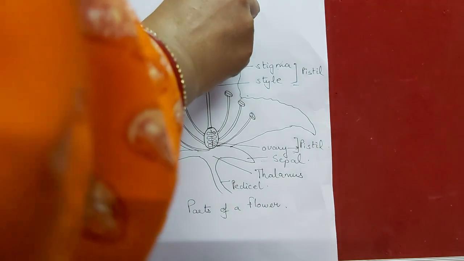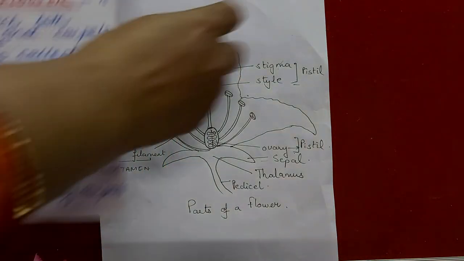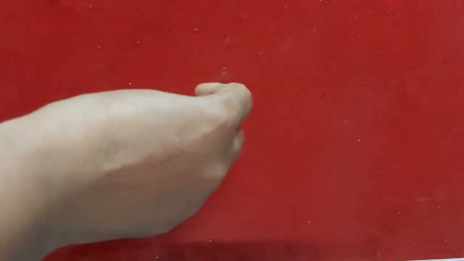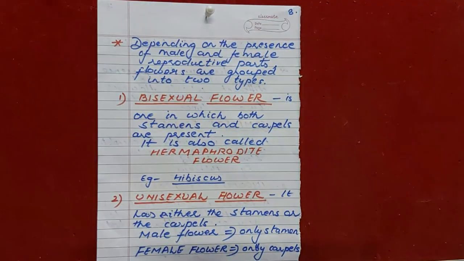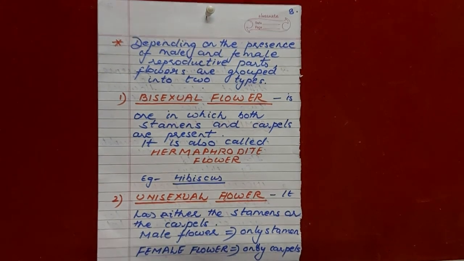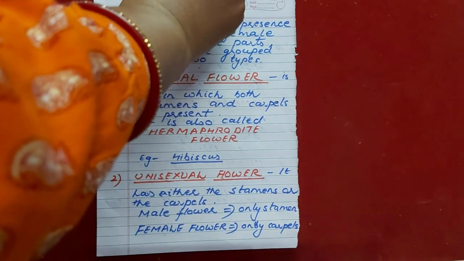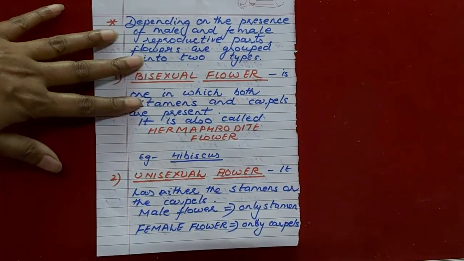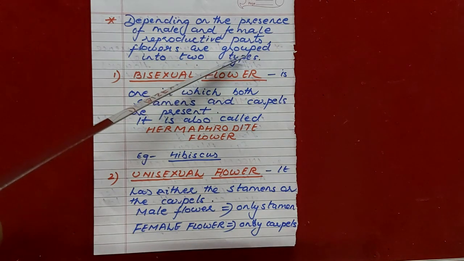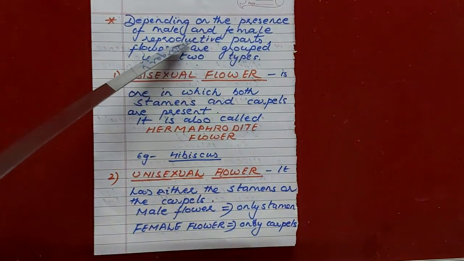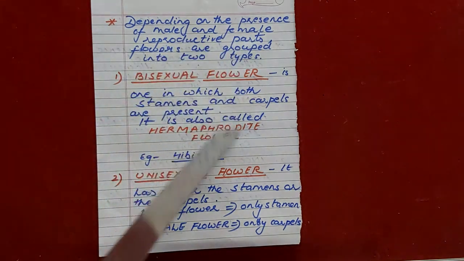Now, depending upon the presence of male and female reproductive parts, flowers are grouped into two types.